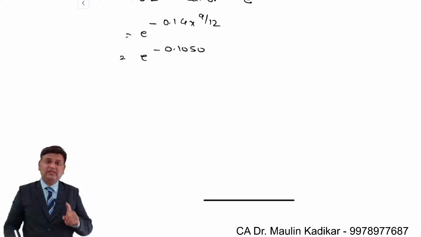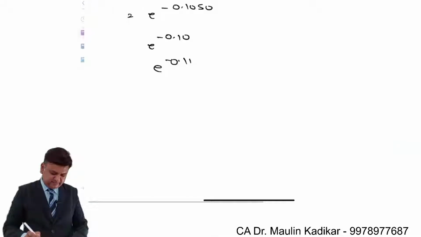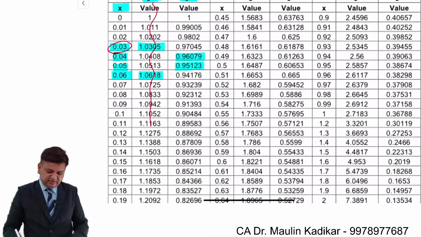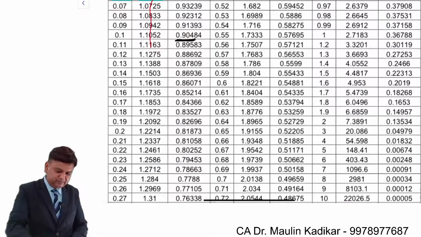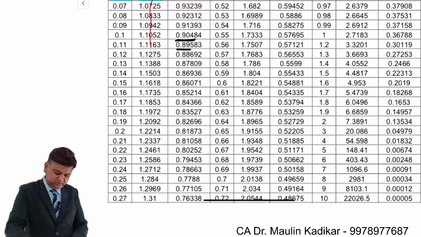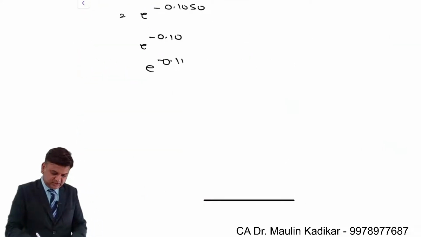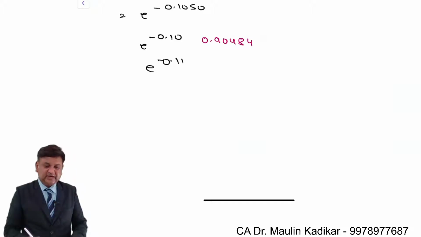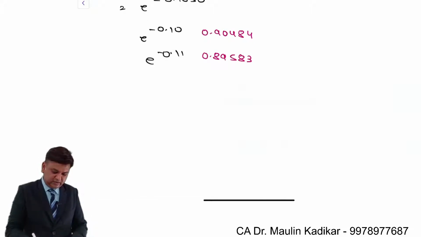So in that case, we have to take 10%, 11% and then again interpolate. E raised to negative 0.10, e raised to negative 0.11. As it is exactly in between, we can take the average. So it is 0.90484 and 0.89583.